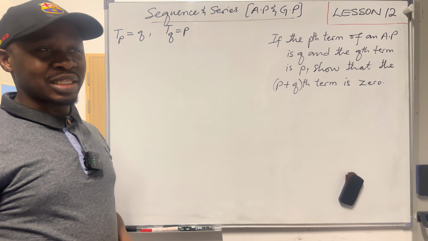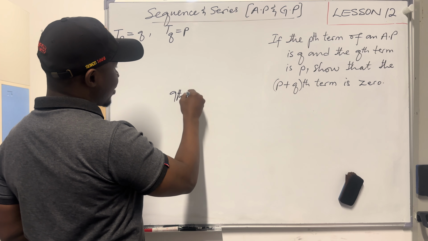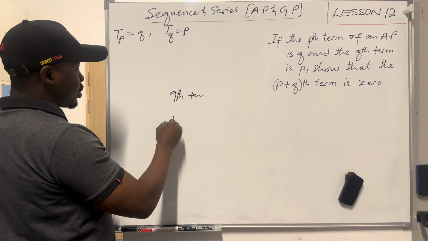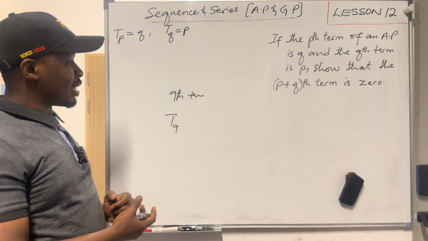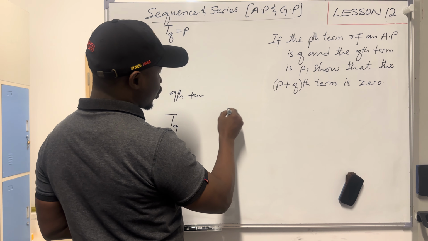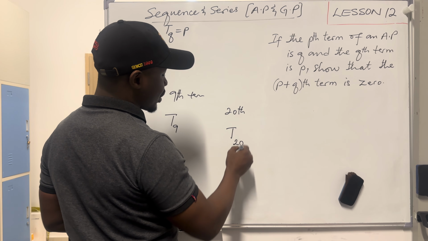In sequence and series, AP and GP, if we want to say the nth term, we use this way to represent it. If we want to say the 20th term, we say T subscript 20.